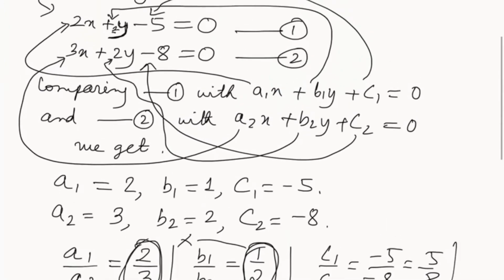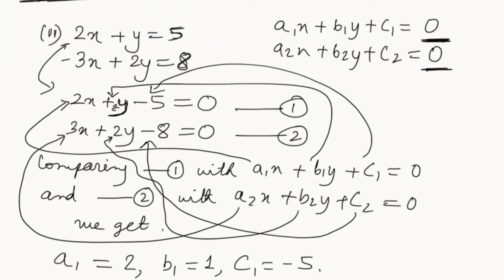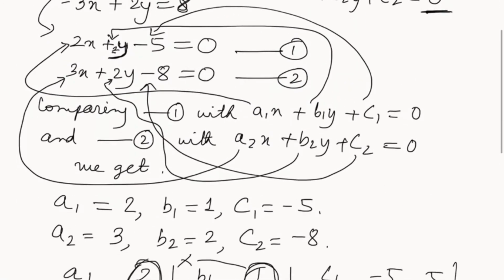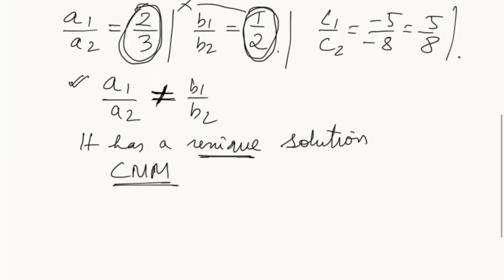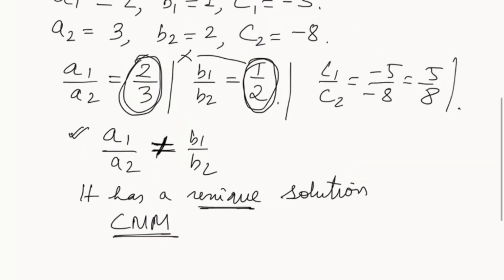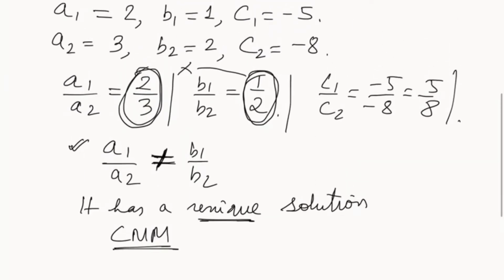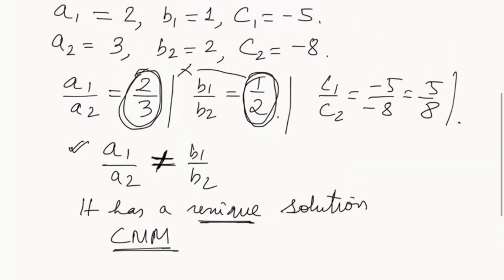Now since it has a unique solution, we have to find the answer. How do we proceed from here? We have to go back to equations 1 and 2. Remember the formula and the idea that we discussed in the introduction of the cross multiplication method.